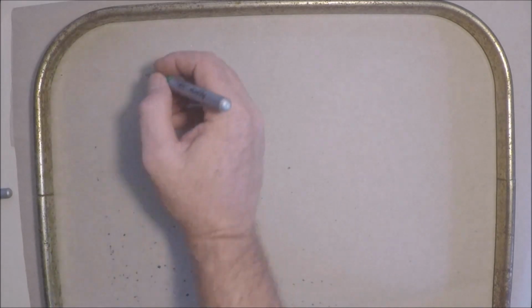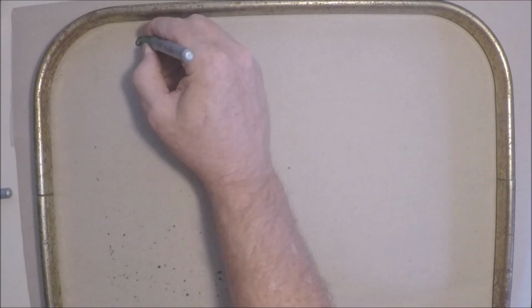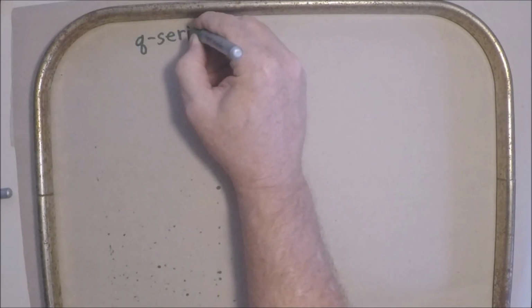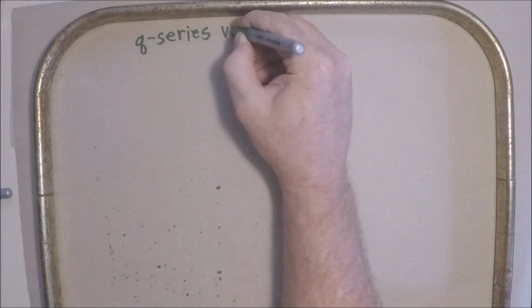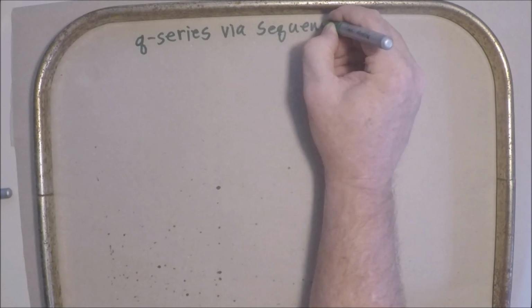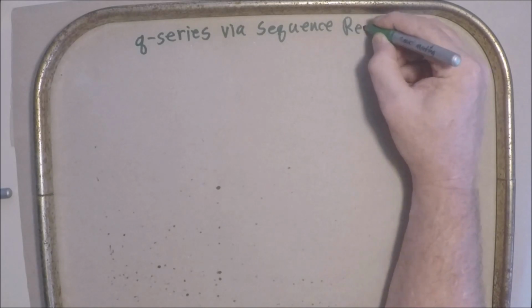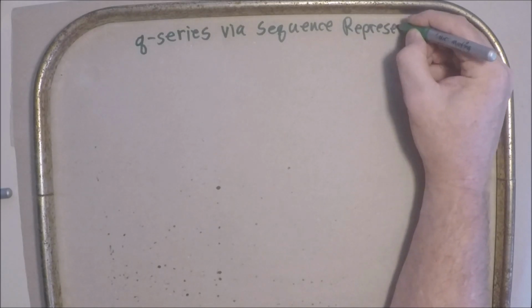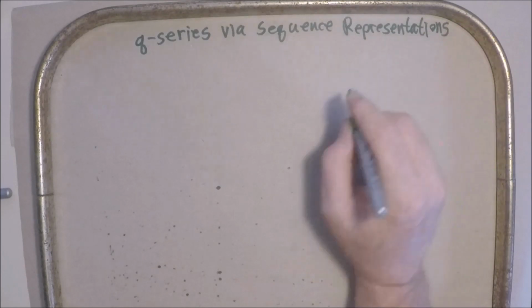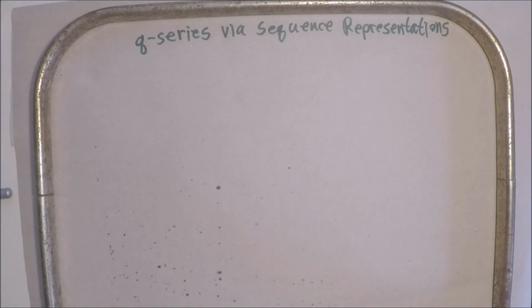Usually the right-hand side of the equation on a Q-series can be written as a summation of a term, but it is helpful to use sequences of numbers directly, so we can represent Q-series via a sequence representation and see what the numbers do.